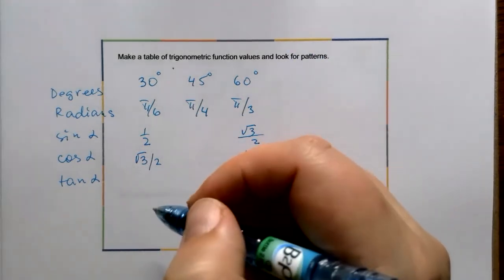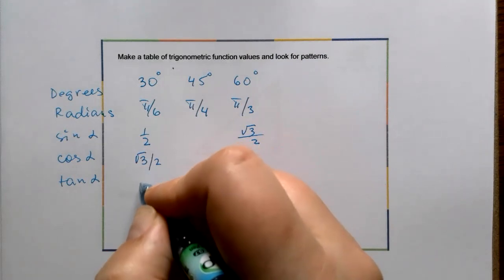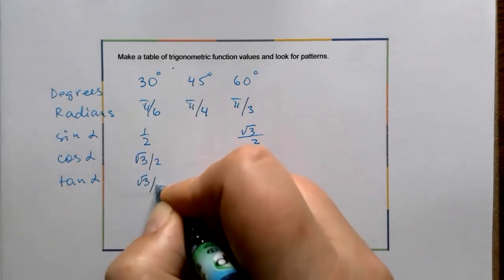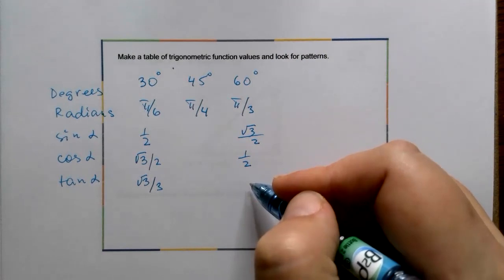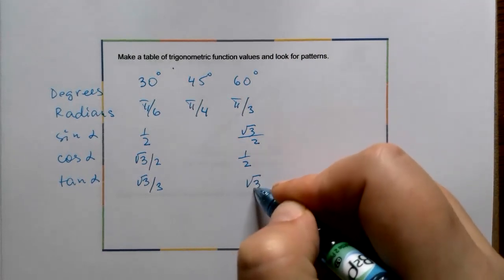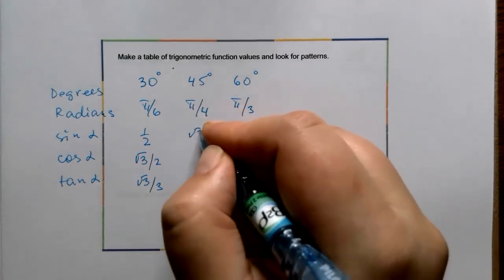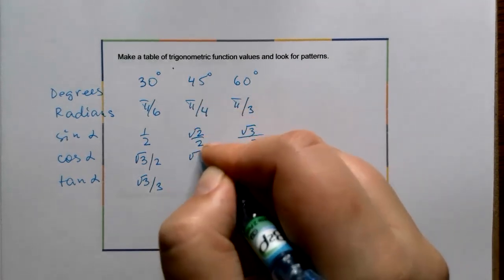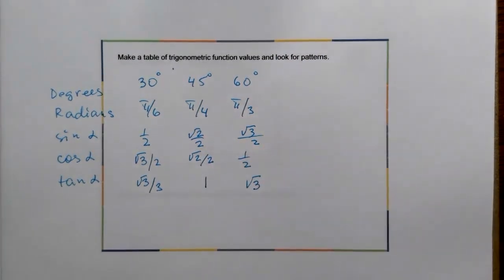And the tangent, well, for 30, it's 1 over square root of 3 or square root of 3 over 3. Tangent of 60 is just square root of 3. Now for pi over 4, we have square root of 2 over 2 for sine, square root of 2 over 2 for cosine, and 1 for tangent.